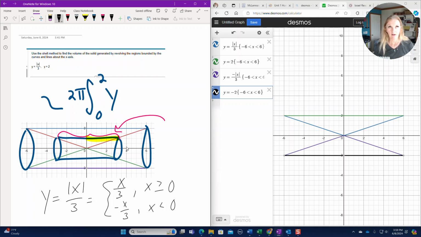So that would be 6y. Okay, so this length is 6y. And then dy.